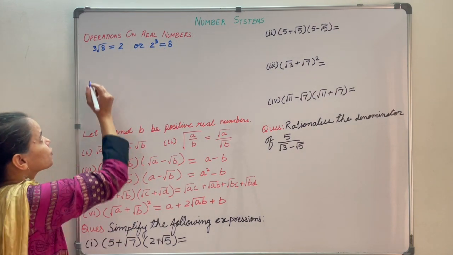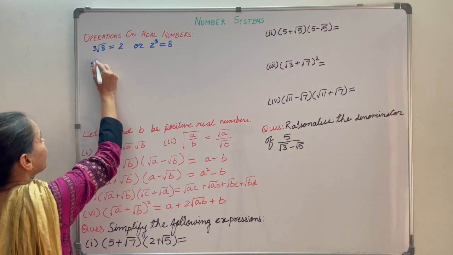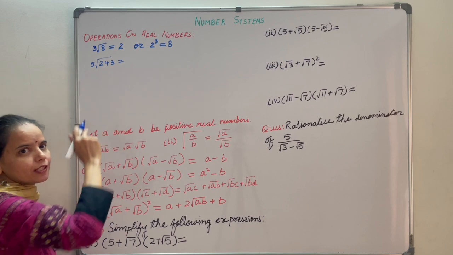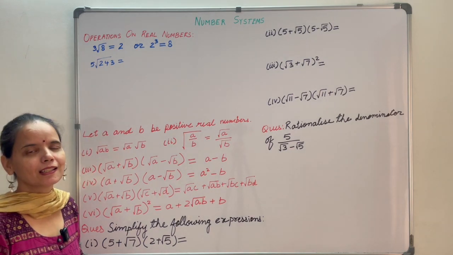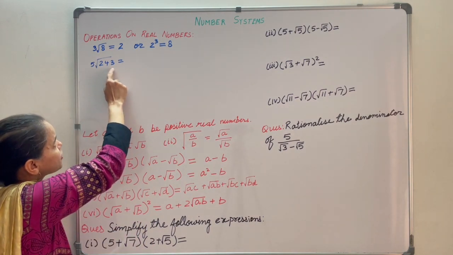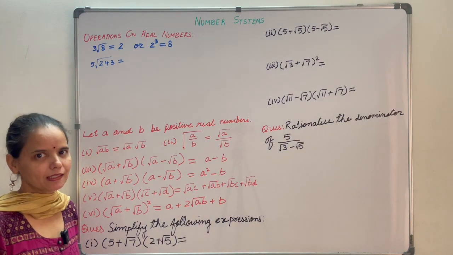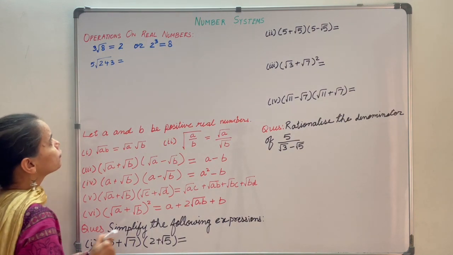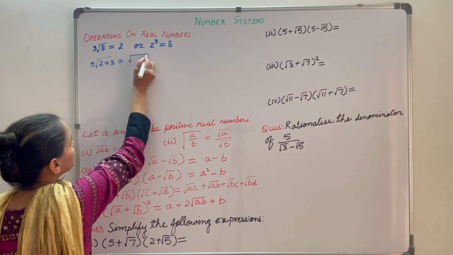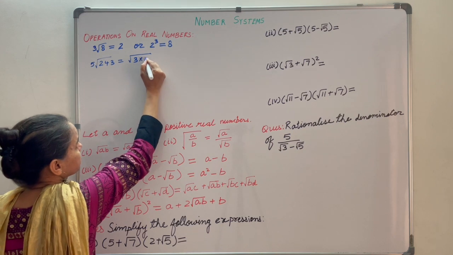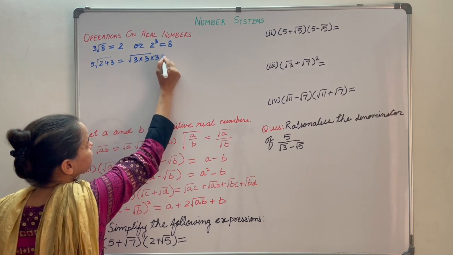Now if I ask you what is the fifth root of 243? If you are not able to calculate it mentally, then you have to do the prime factorization of 243 using the prime factorization method. When you do that, you will find the factors of 243 is 3 multiplied 5 times.